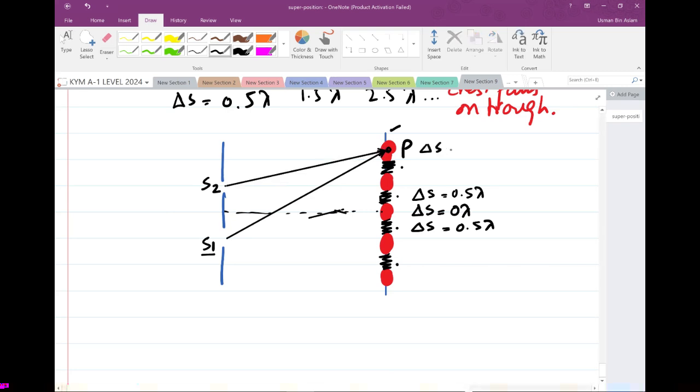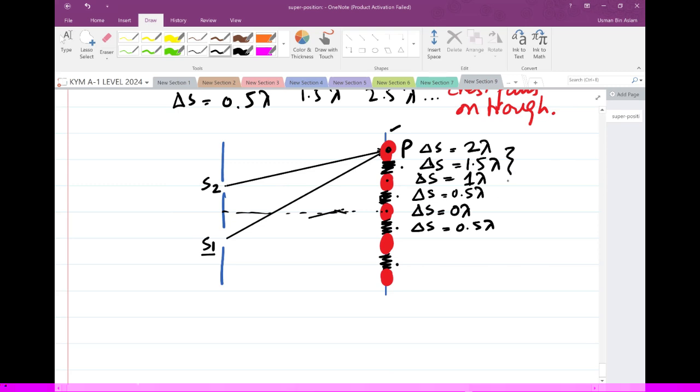So the delta S in this case is going to be equal to 2 lambda, because this one was going to have a path difference of 1 lambda. This black spot was going to have a path difference of 1.5 lambda. Do you see? As we continue to move from the central position to the bright or dark fringe above it, the path difference keeps increasing by half of a wavelength.